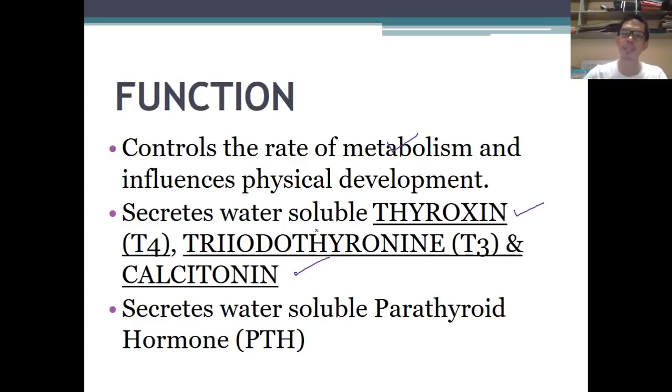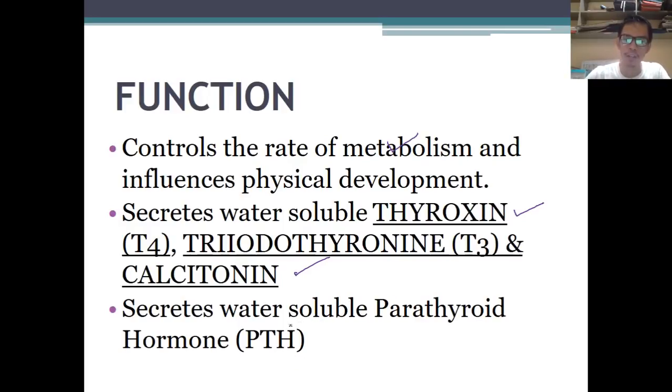In some organisms, like the frog, the body of the tadpole triggers the secretion of thyroxine, and it allows the body of the tadpole to disintegrate the tail, so that when it grows to become a frog, the frog is now tailless. All right, next one.